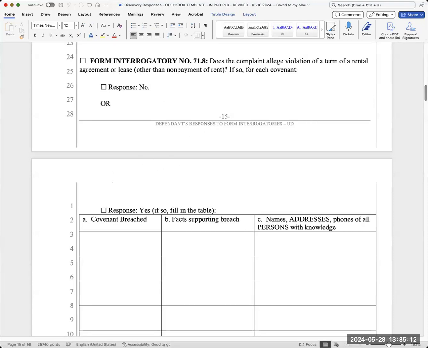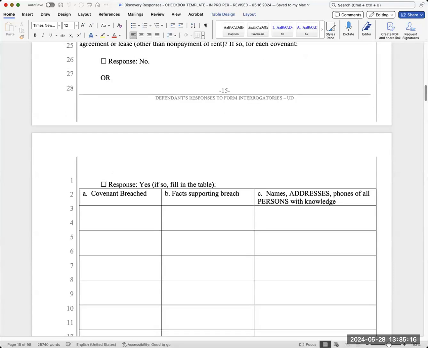If, however, there is something that the landlord has alleged, then you write out what is alleged here, and then you put the facts as you know them here, meaning you have the opportunity to say, I disagree with this that's being alleged, and this is why. You state the facts here.